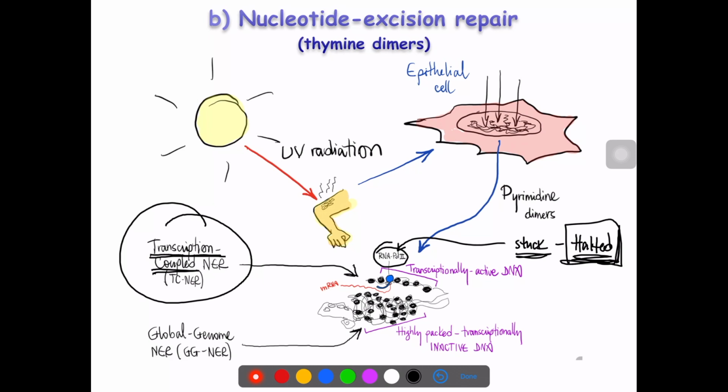And that is an essential idea because the detection mechanism that will be engaged in fixing transcription coupled nucleotide excision repair is started by recognizing a halted RNA polymerase. That is the signal that is recognized by this repair mechanism.